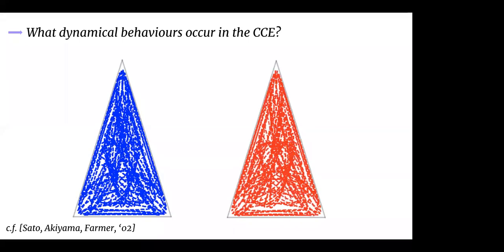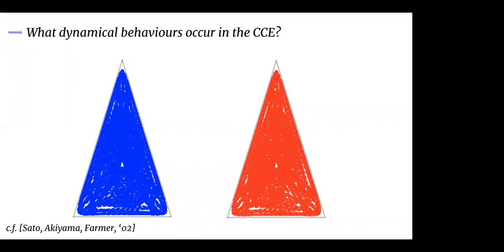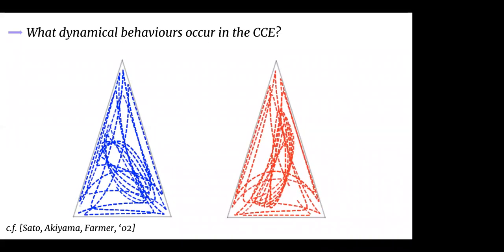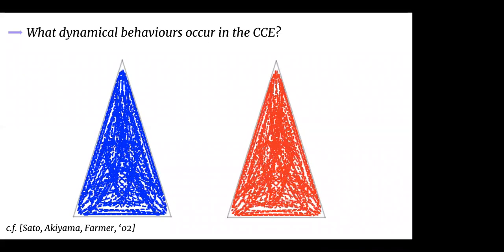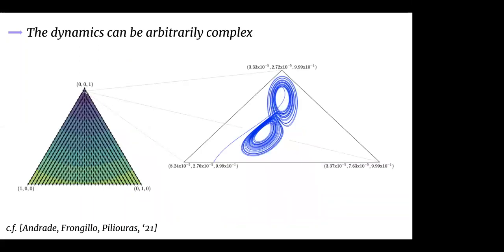And what this is saying is, even in really, really simple games, like the rock, paper, scissors game with 2 players, this isn't going to converge, and it's going to give you something really, really complicated. And in fact, this can be made arbitrarily complex. So there was this super interesting result from 2021, which was last year, that showed that you could take any dynamical system, right?